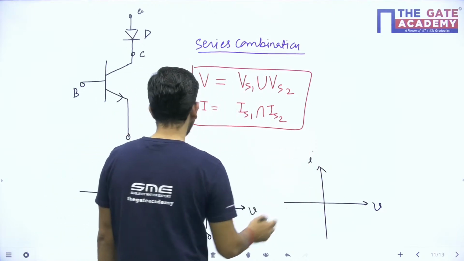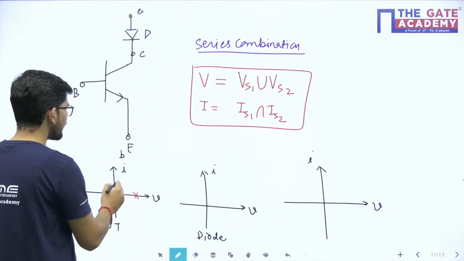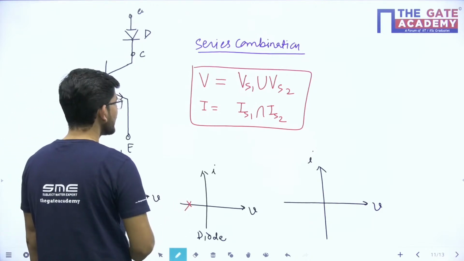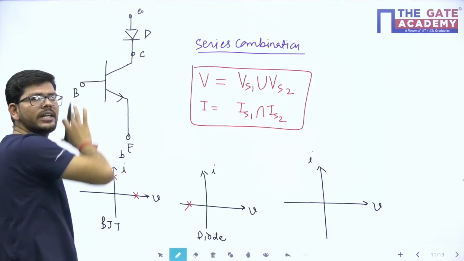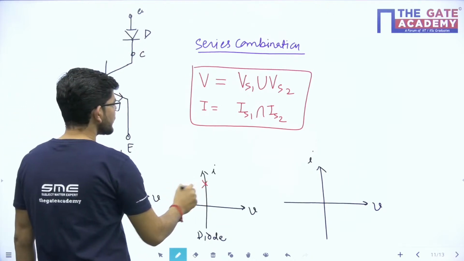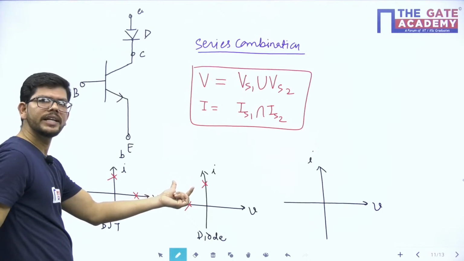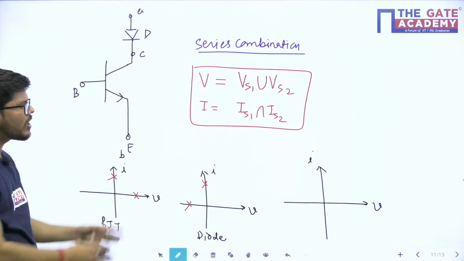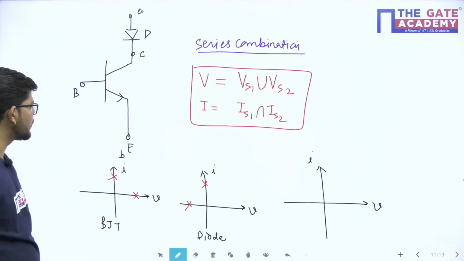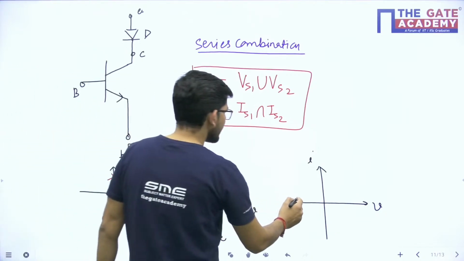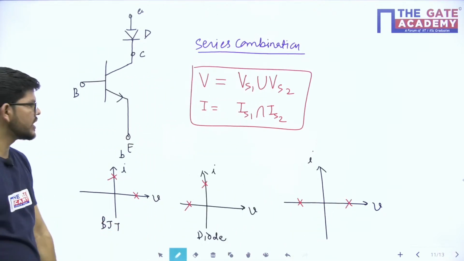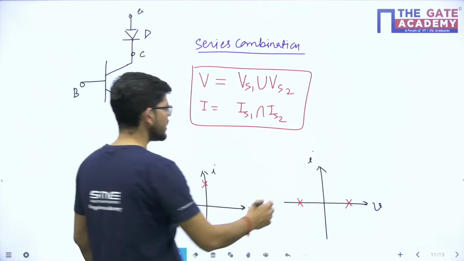In case of BJT, you know its safe operating area is in first quadrant. In case of diode, the diode is connected in forward direction. It is not a reverse connection. So in case of diode we have safe operating area in quadrant 2. Now what will be the safe operating area of the composite switch? We have to take the union of the voltages and the intersection of current.